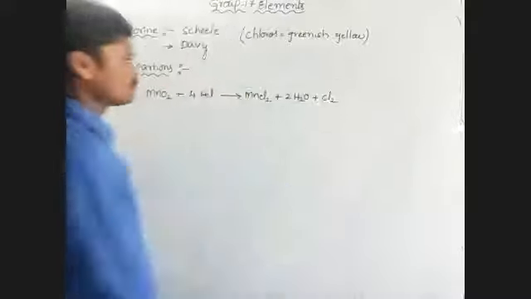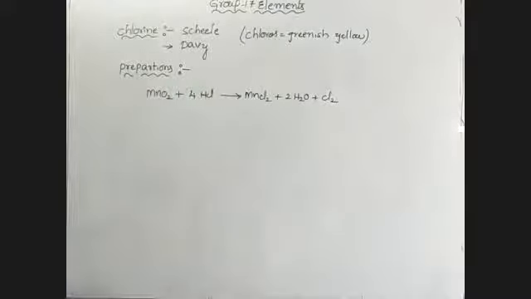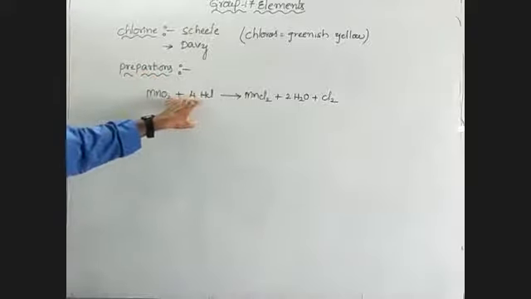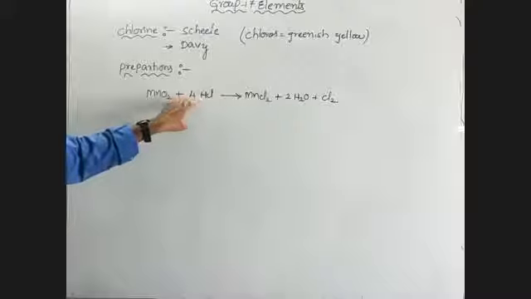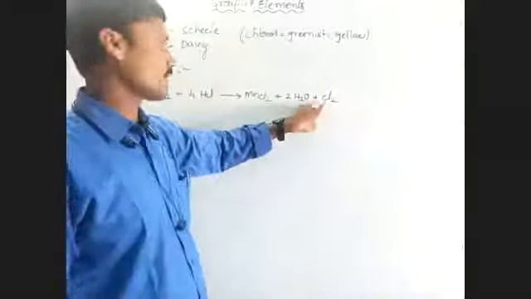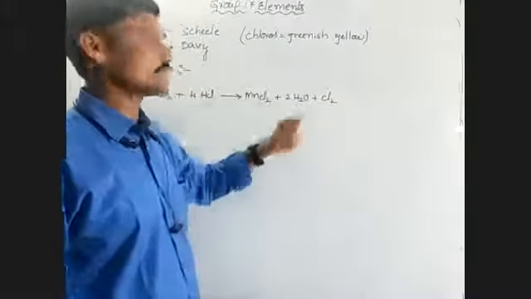So chlorine is prepared on heating manganese dioxide with concentrated HCl, and the byproducts are manganese chloride and water.